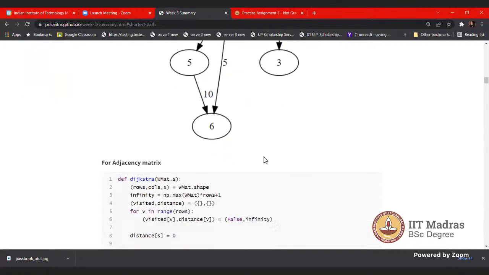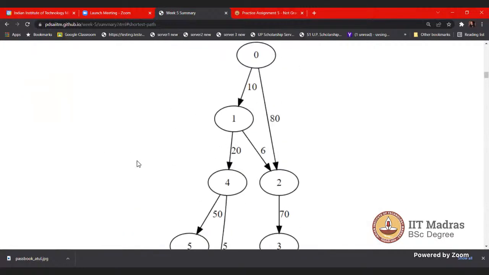Dijkstra algorithm never looks back once a node is visited, because we mark that node as visited. Because of that, it fails for negative weights.